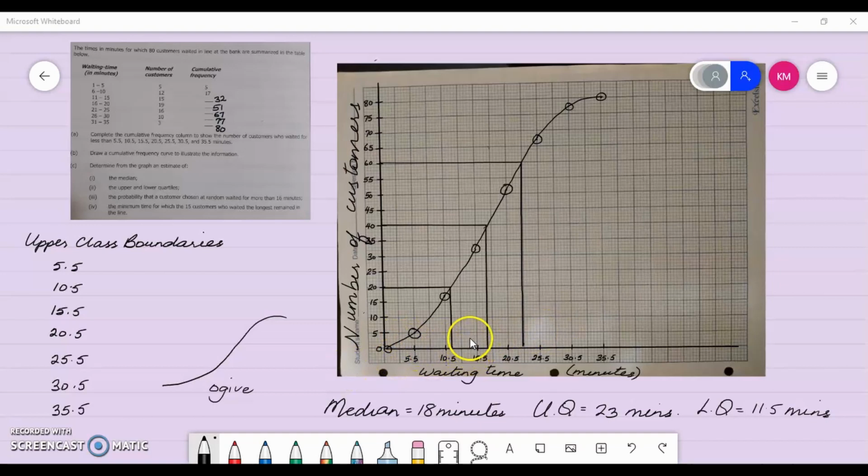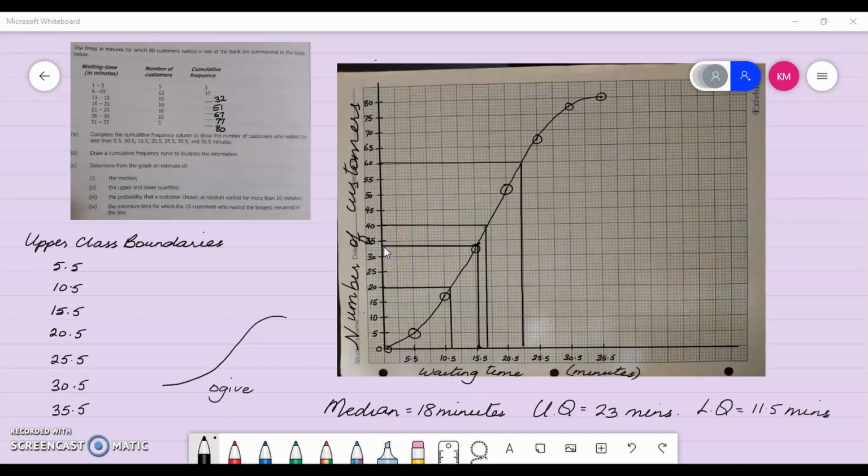I'm going to draw a vertical line until it meets my curve, and then I come across until it meets my y-axis. So I've drawn my vertical line at 16 until it meets my curve. Now I'm going to draw my horizontal line until it meets my y-axis. So there is my horizontal line, and it looks as if it meets my y-axis at 33.